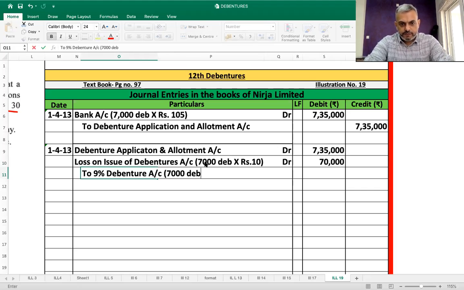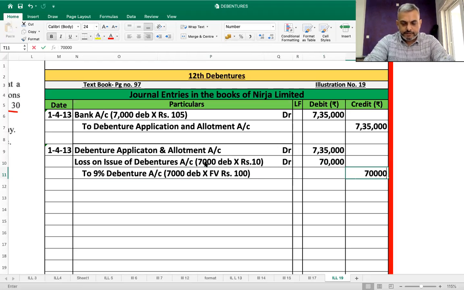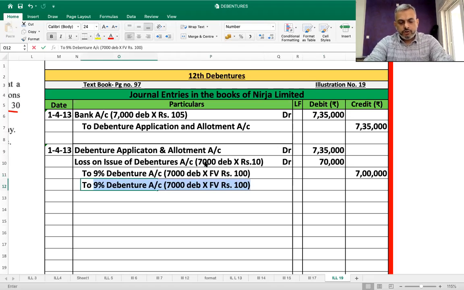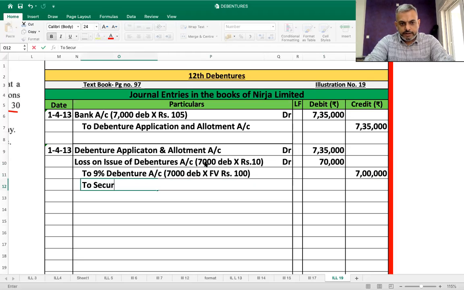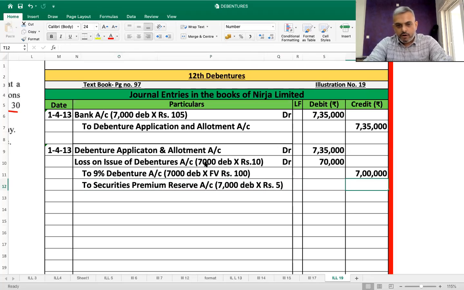7,000 debentures into face value rupees 100. Debentures always with the face value. So 7 lakh. To securities premium reserve account. So 7,000 debentures into rupees 5 per debenture is the premium on issue.